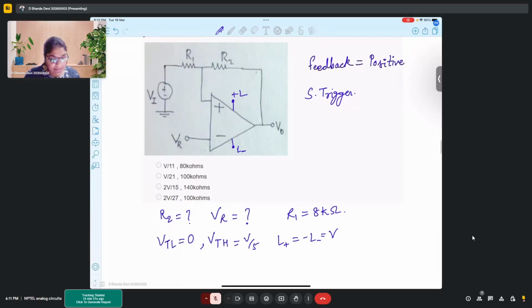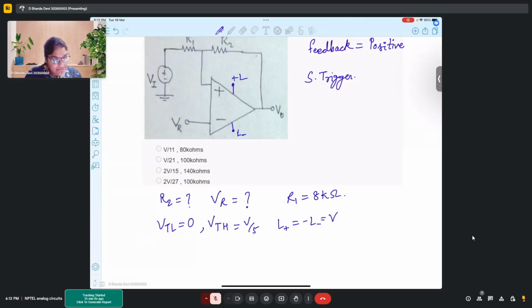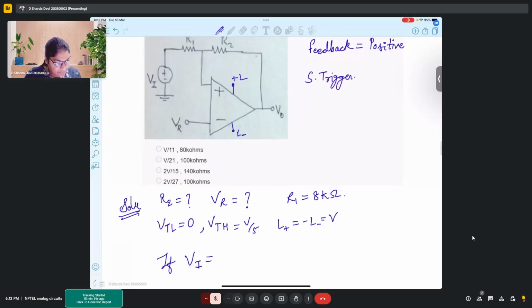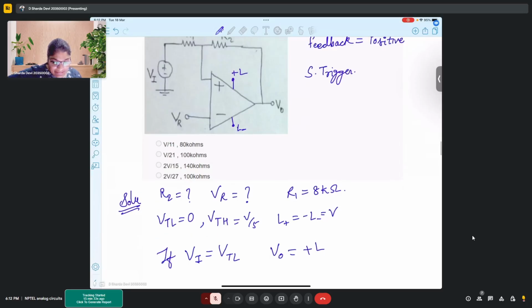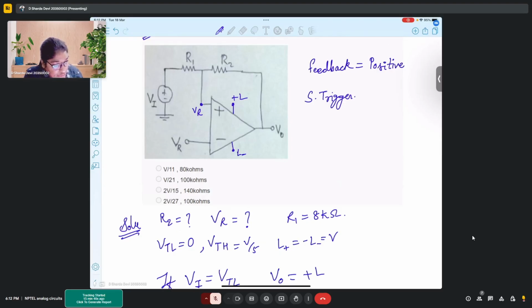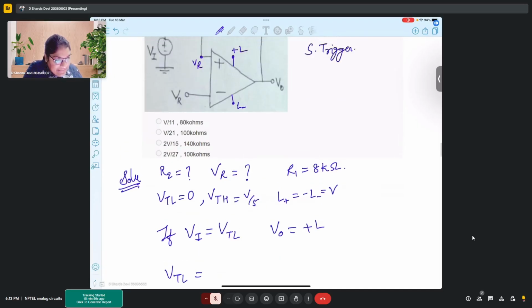Now, if the input Vi becomes equal to VTL, the lower threshold voltage, then our output should come out to be plus L. At this node it is VR, and we will find VTL and VTH from the feedback path.